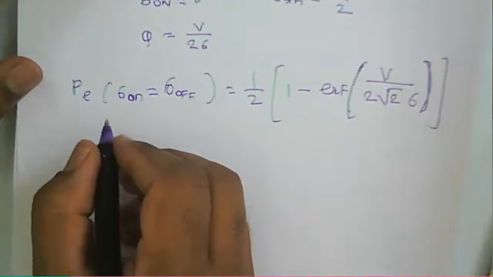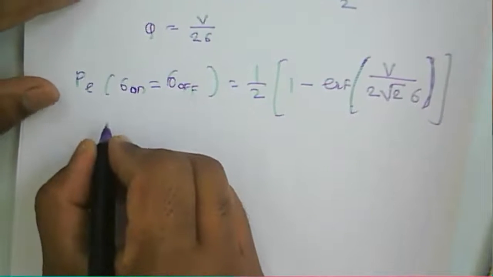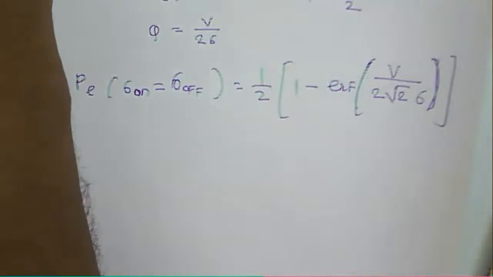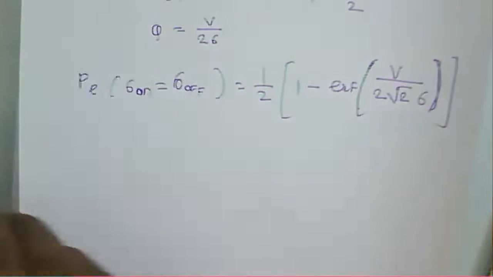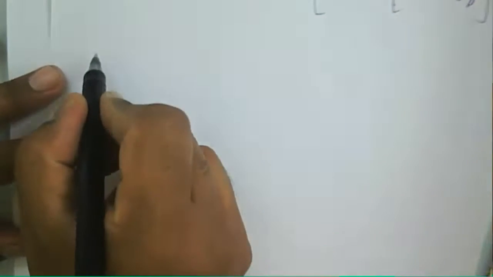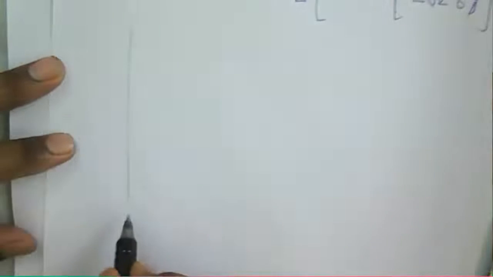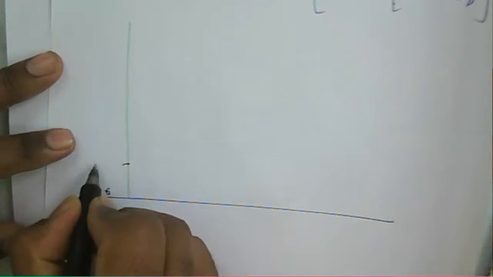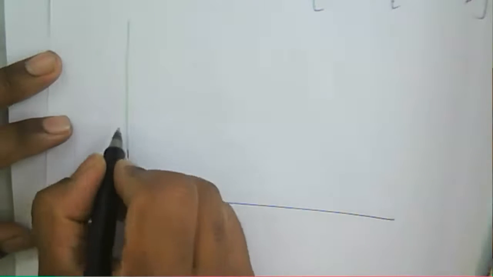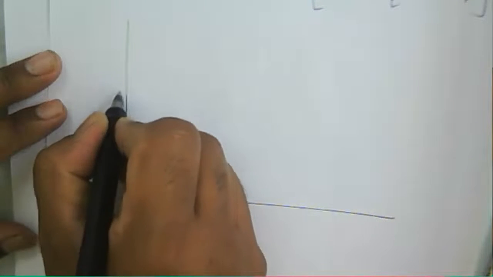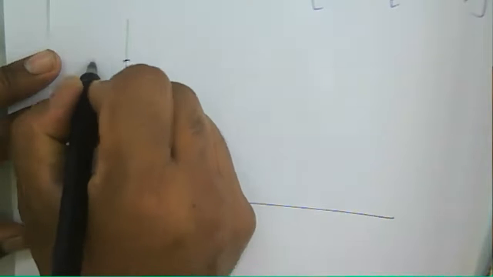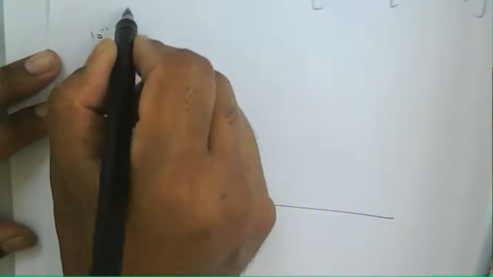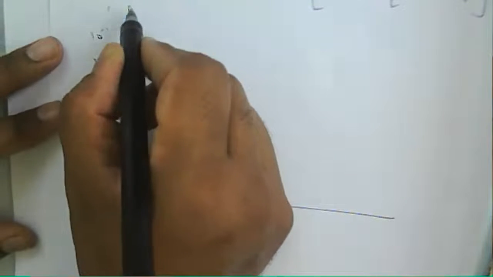Then we can find out what will be the BER for this case. So BER for this case, again we can consider 10 to the power minus 6, minus 5, minus 4, minus 3, 10 to the power minus 2, 10 to the power minus 1, and then 10 here, 1 here.